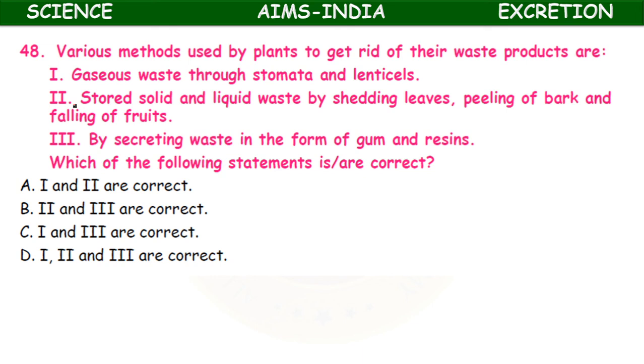The various methods used by plants to get rid of their waste products are: number 1, the gaseous waste through stomata and lenticels; number 2, stored solid and liquid waste by shedding leaves, peeling of bark and falling of fruits; number 3, or by secreting waste in the form of gum and resins. Three statements are given. Which of the following statements are correct?